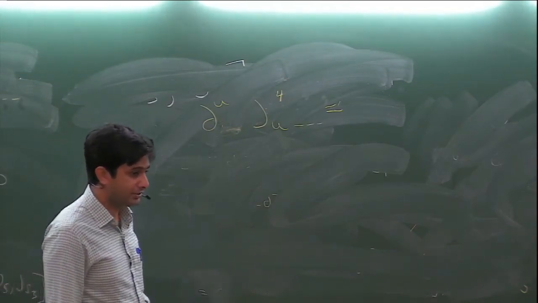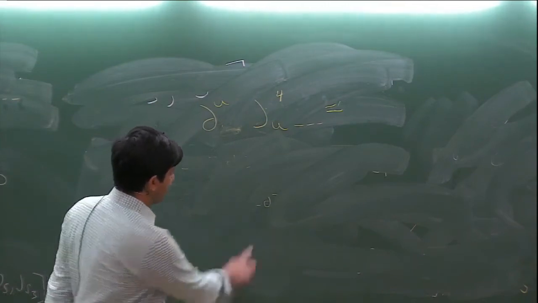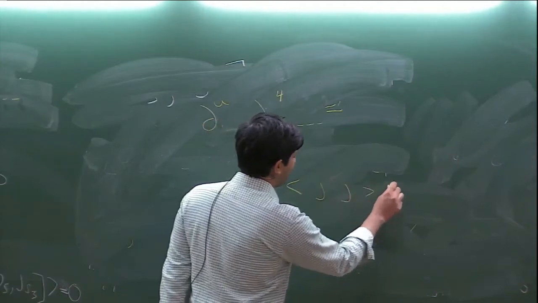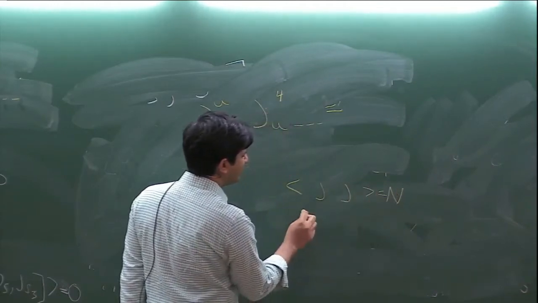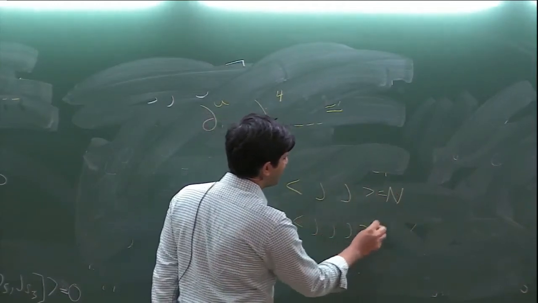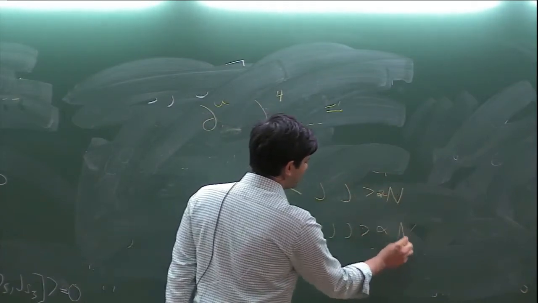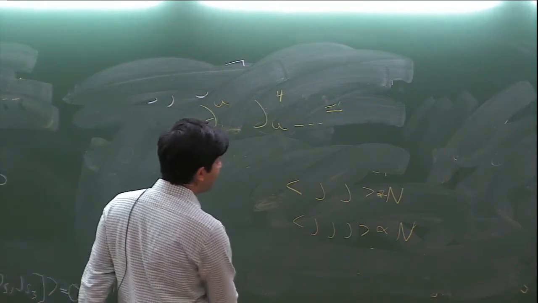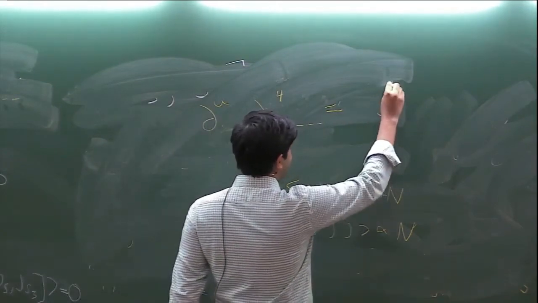Then we can ask, what can it be in terms of the j's? To do that, we'll do some n counting. Let me use the normalization such that 2-point functions and 3-point functions are order n. First we can ask, is there any single trace operator that can appear on the right-hand side?